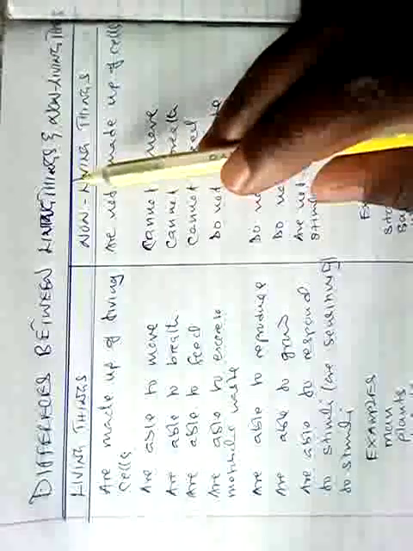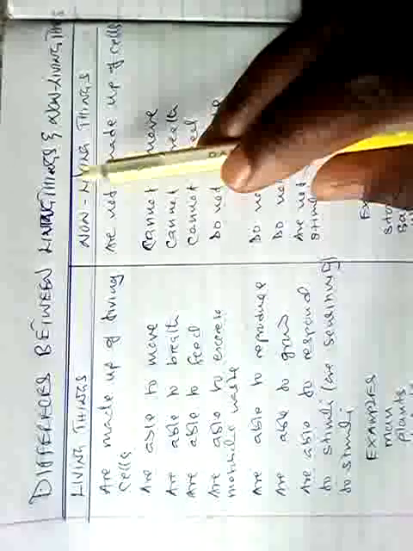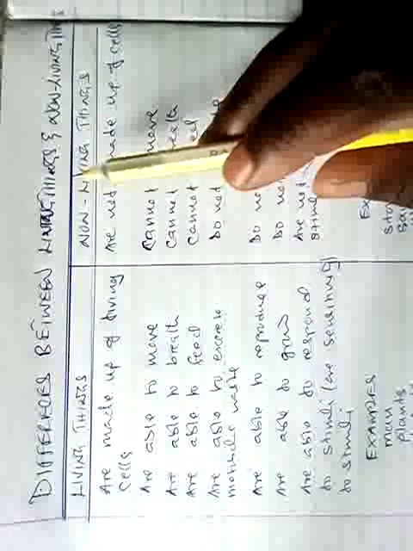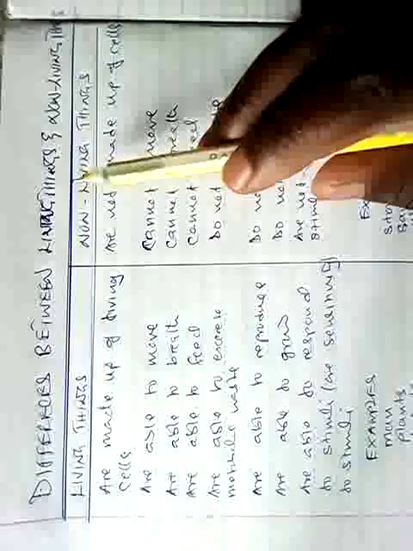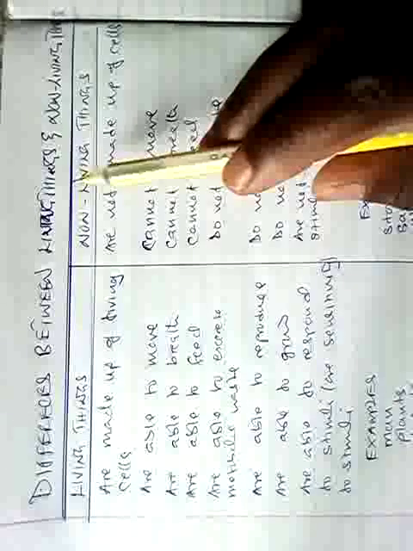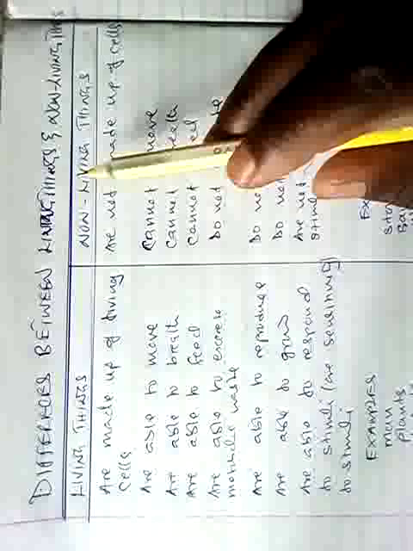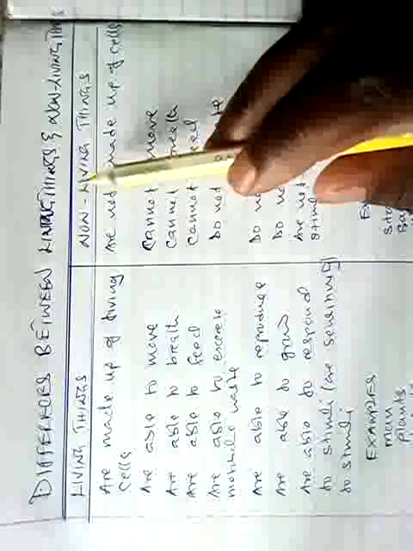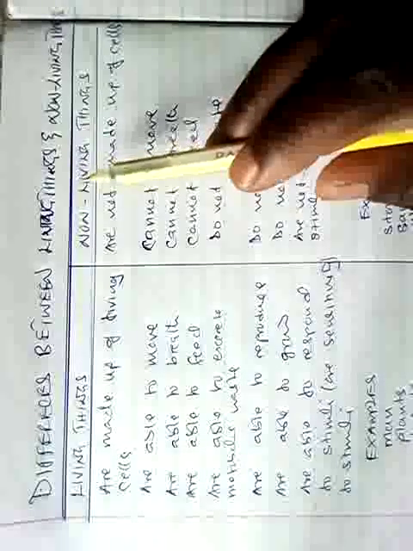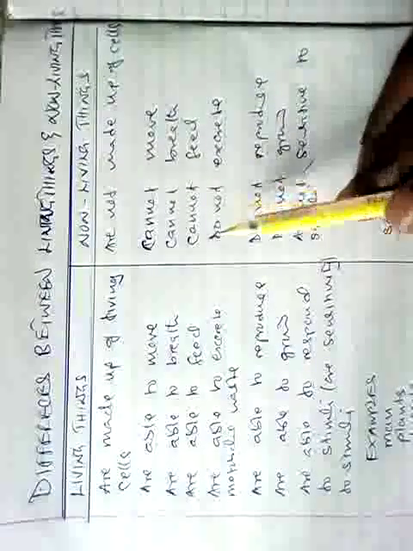When it comes to distinguishing living things from non-living things, we need to recall the characteristics of living things or organisms. So the difference relies on one being positive, the other being in the negative aspect.